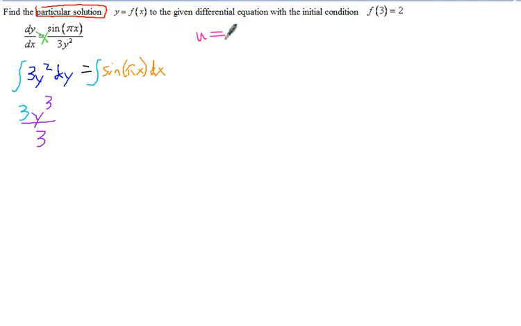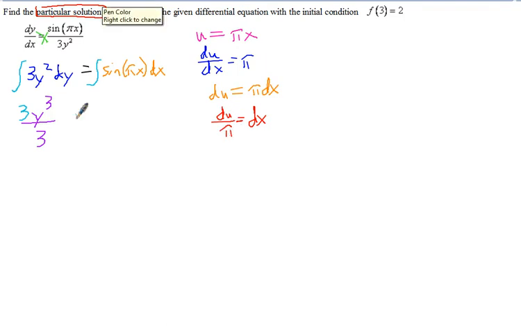So here we'd say u equal to pi x. Then du dx, the derivative of pi x, would just be pi. Multiply both sides by dx, so we get du equals pi dx. And divide by pi, so dx equals du over pi.